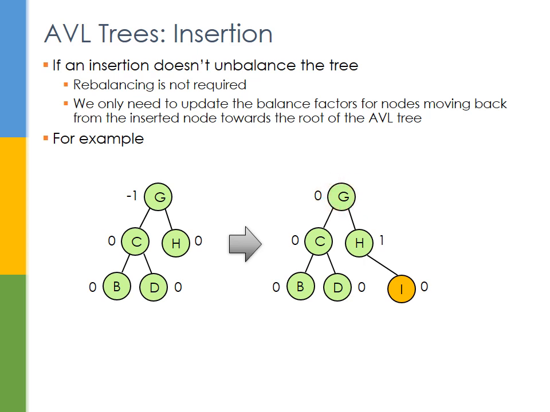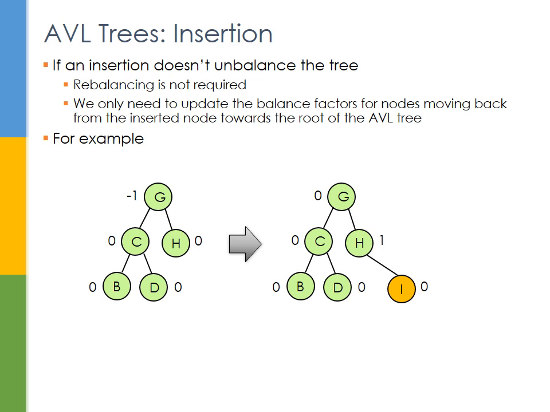We saw then that the insertion occurred under node H, so this is then under the right branch of node G, and so once again we need to increase node G's balance factor by 1. So we saw that its original balance factor was -1. If we add 1 to that, we of course get 0, and that is then the new balance factor for node G.